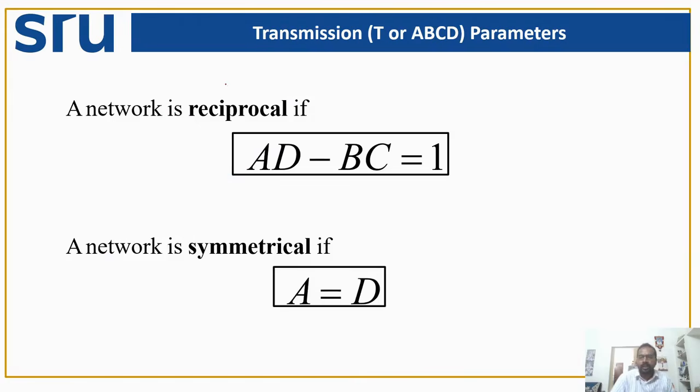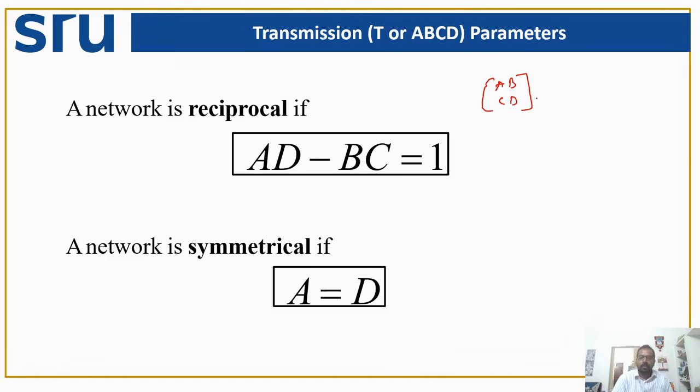Now, these ABCD parameters are said to be reciprocal when AD minus BC equals 1. That is, the determinant of the ABCD parameter matrix is equal to 1.